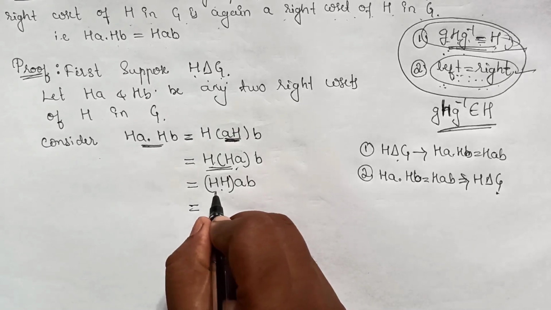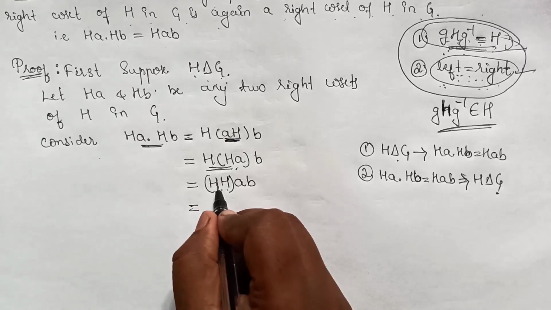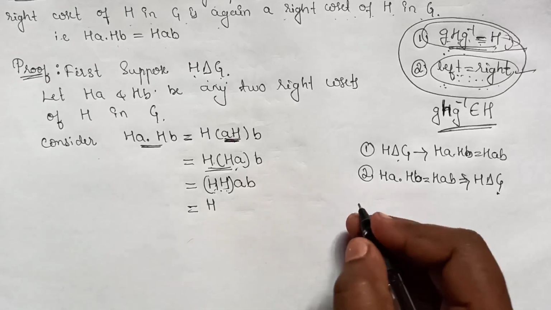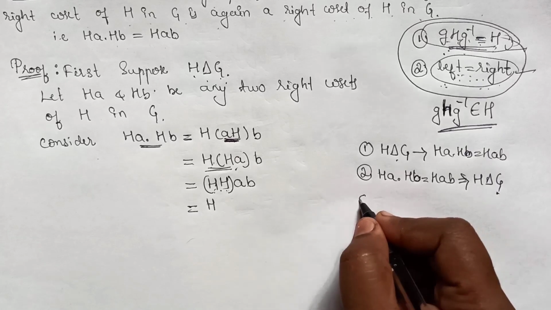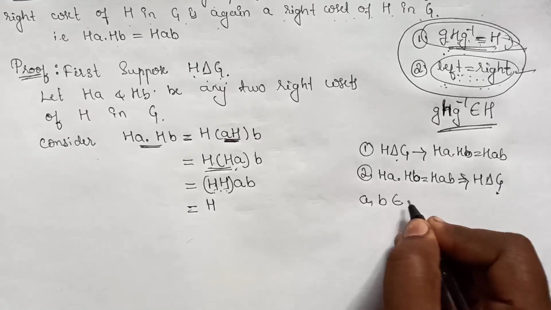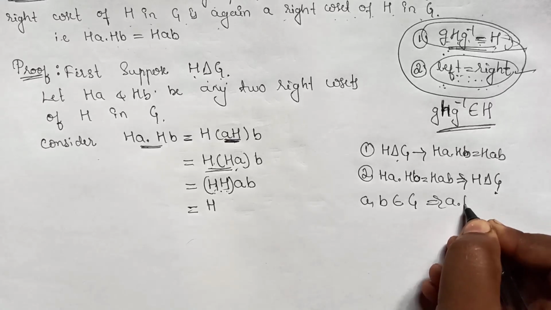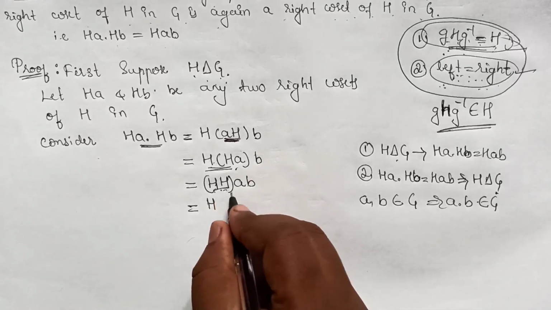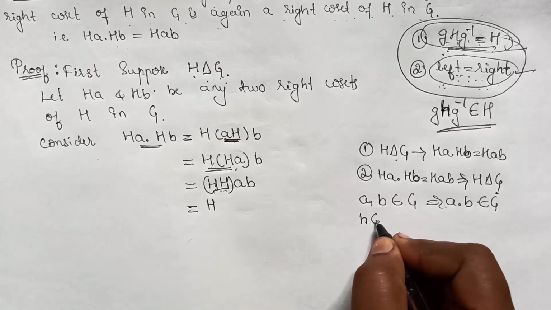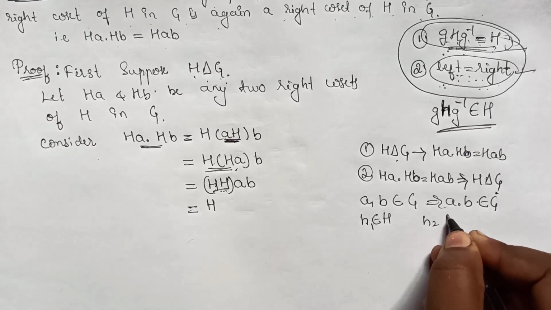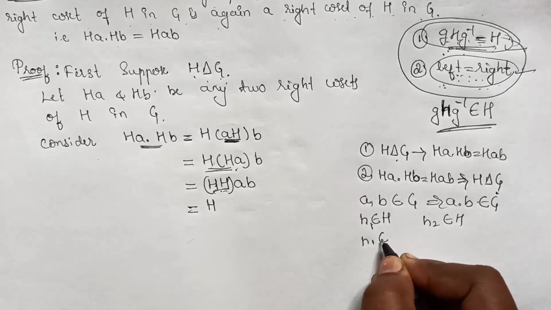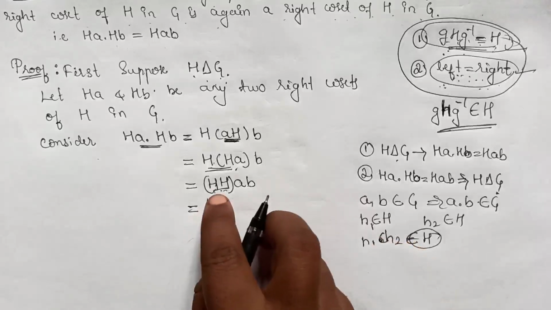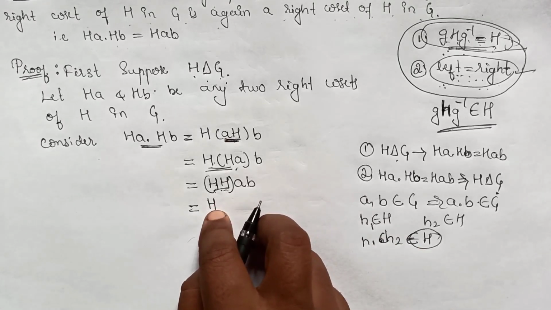We know that H into H, because these two are the same set, on multiplying we get the same elements only. By the closure property we know that a and b belong to G, so a dot b also belongs to G. If you consider one element h1 belonging to H and another element h2 belonging to H, then the product h1 dot h2 again belongs to H. Therefore H dot H equals H only.